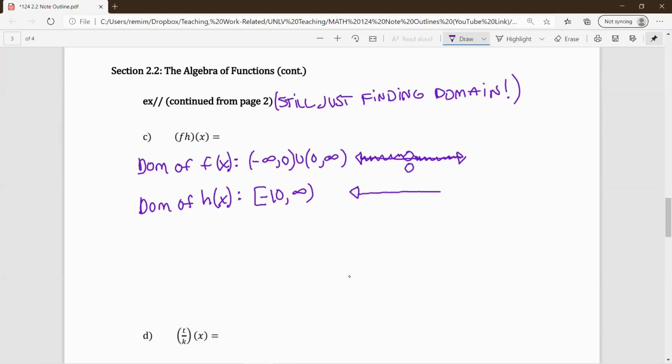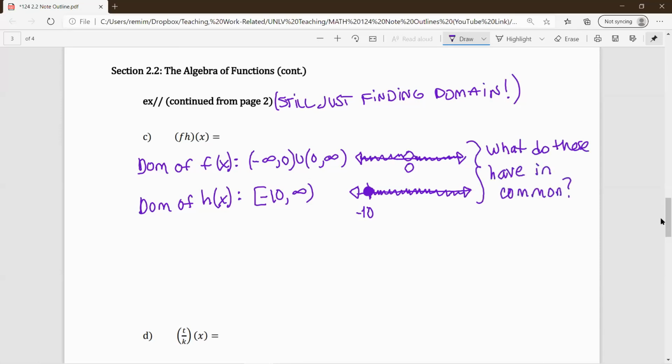And then for the second one, we want to start at negative 10 and shade everything to the right up to infinity. So negative 10, maybe we'll just put over here. It's a bracket, so we have a closed circle at negative 10, and then shade everything to the right. And we're going to ask ourselves that same question. What do these have in common?